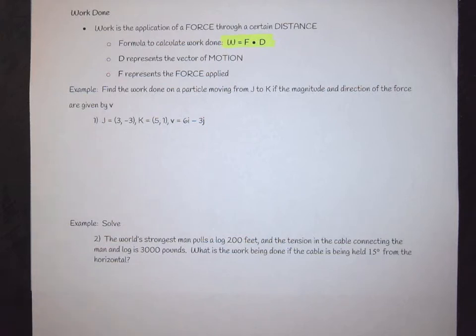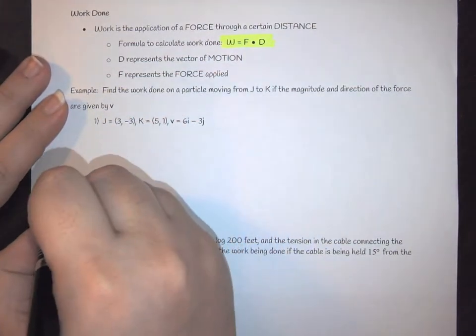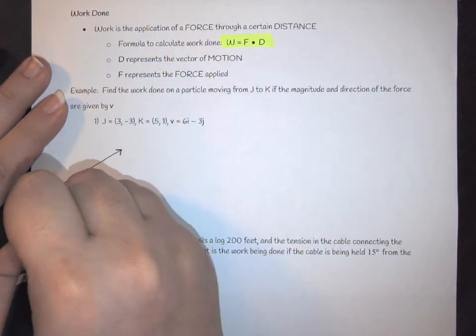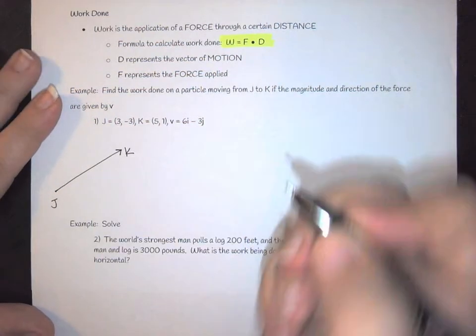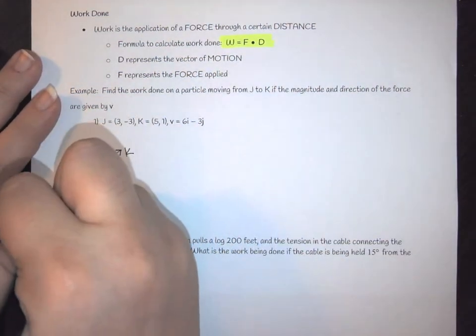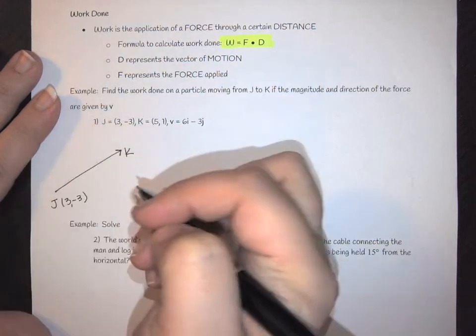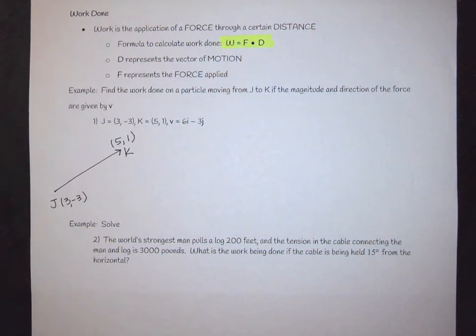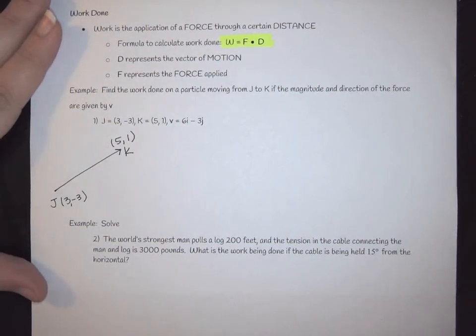And so we have to figure out what it is we need to do. Well, the first thing that we need to do is recognize we are talking about a vector. So we're starting and moving from J to K. And we know that J was at the point 3, -3, and K was at the point 5, 1. So we need to be able to calculate our motion.